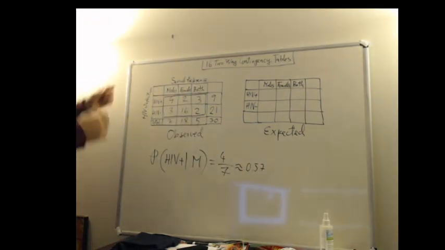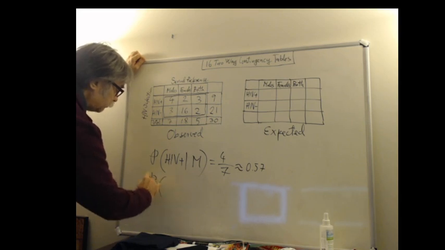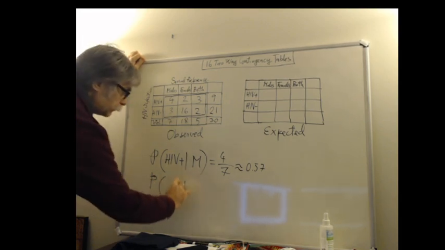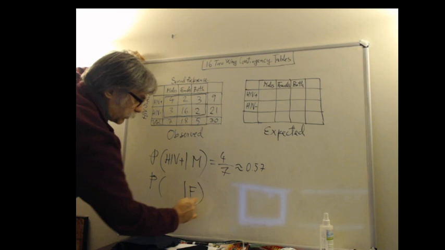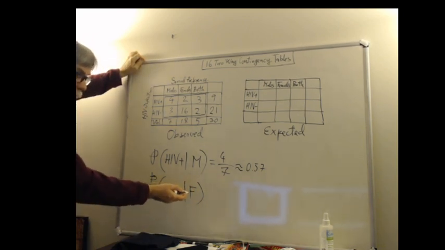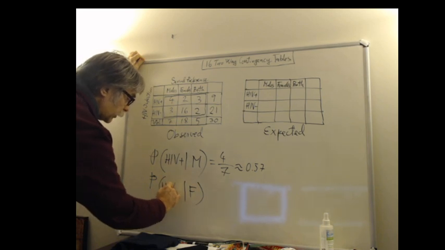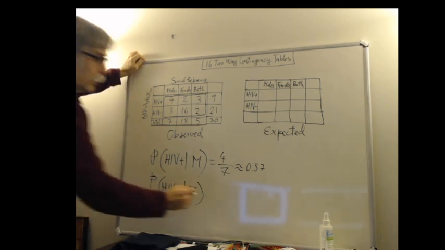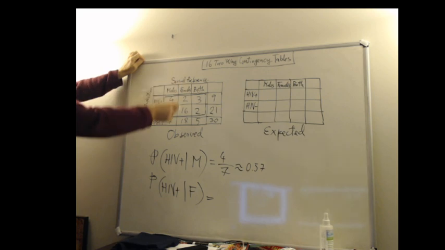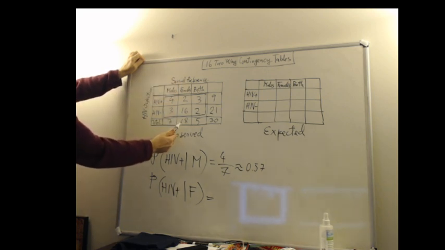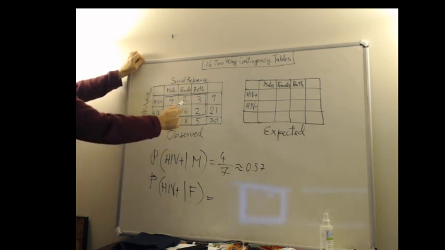Okay, and then you look at the chance for somebody who is straight, with a sexual preference toward female, so that's the condition variable. What's the chance that this kind of person would be HIV infected? Again, you look at how many straight guys you have. You have 18 straight guys, and 2 of them are HIV infected.